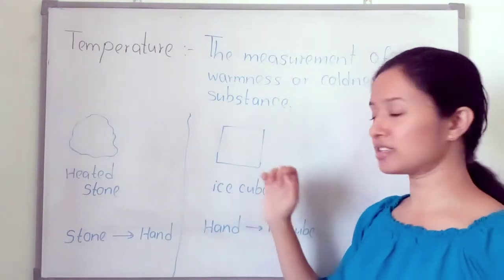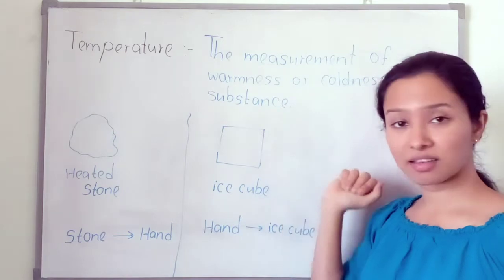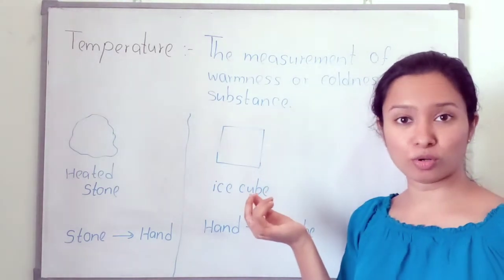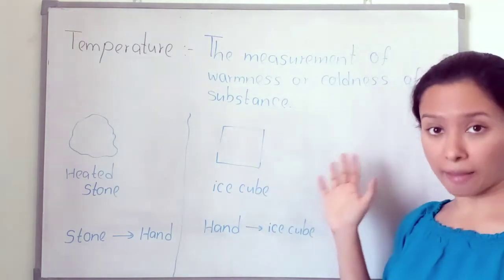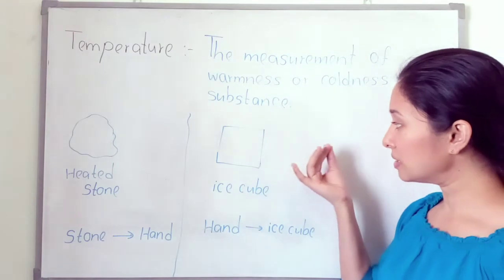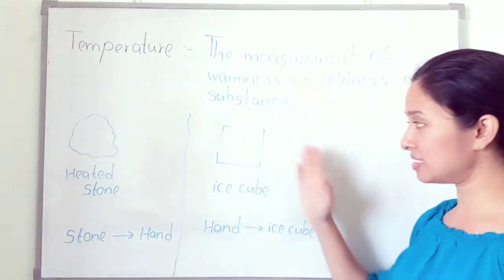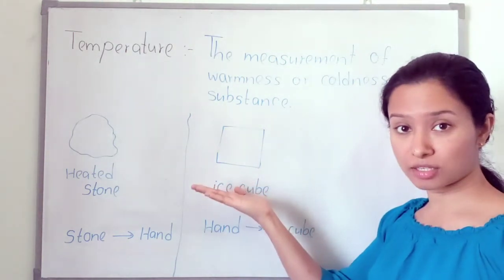So this is an ice cube. What will happen when you touch this ice cube? We feel cool. So what is the reason? Here what is happening? The heat in our hand transfers to the ice cube.